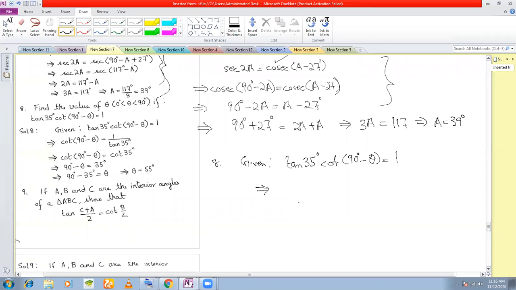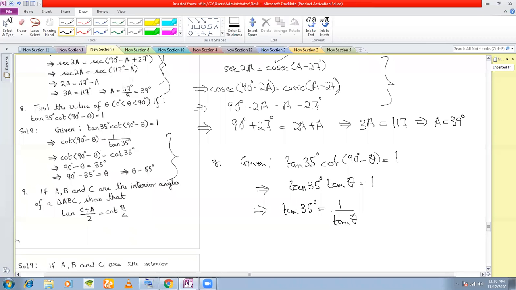Okay, so from here, instead of changing cot to tan, you can proceed as I have proceeded. Okay, or you can proceed in this manner also. Even if you are very tempted to change, suppose cot I change to tan here only, then what will happen? Then tan 35 degree will become 1 by tan theta.